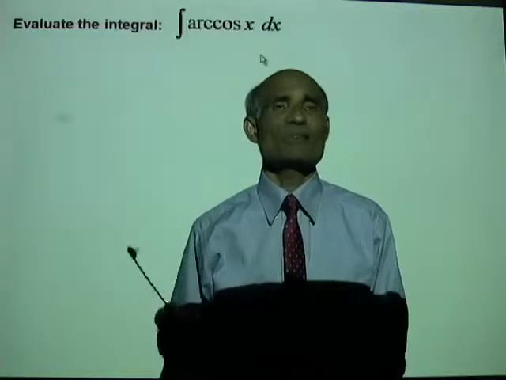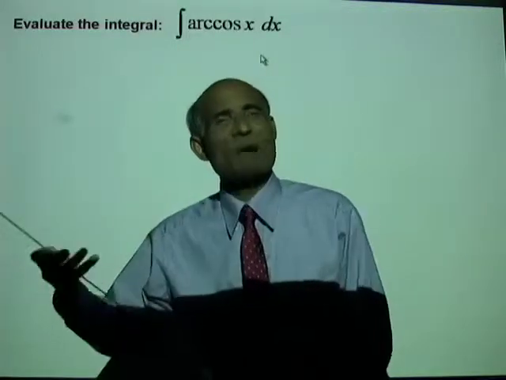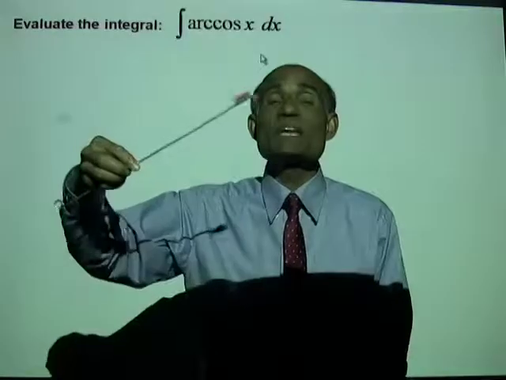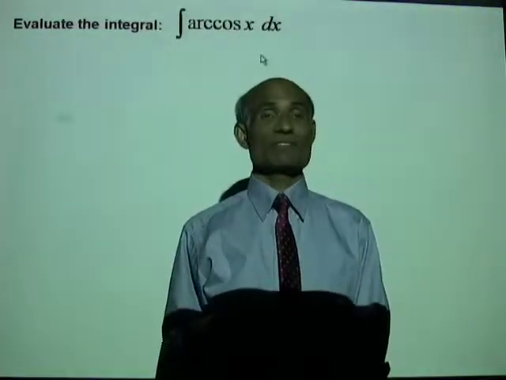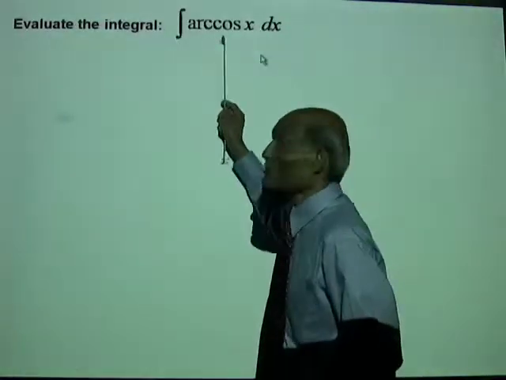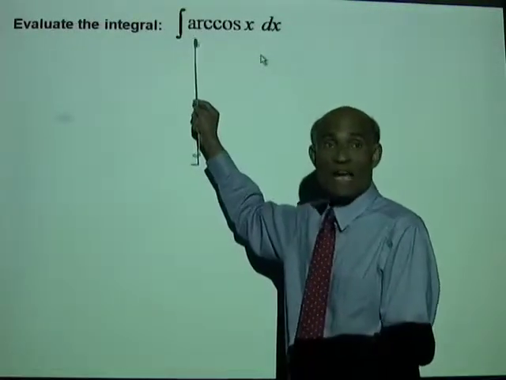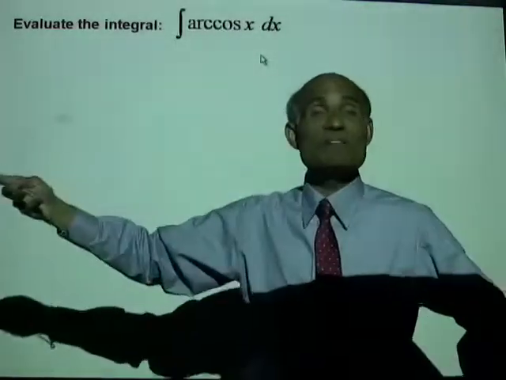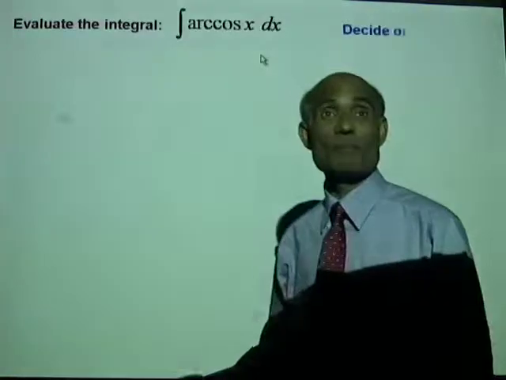You have not learned how to do it. So obviously that cannot be dv. So can that be u? Do you know how to differentiate arc cos x? Yes, we have done that. So arc cos x can be differentiated. So that can be your u and dx can be your dv. That's the way to go.